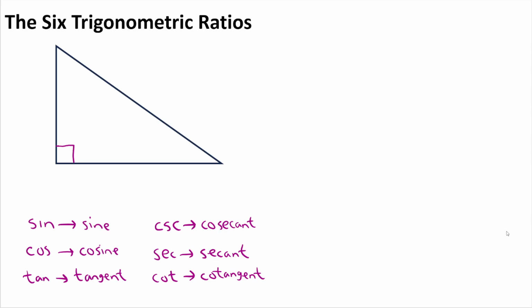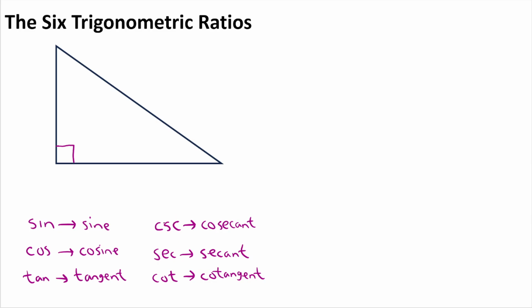First of all, when we look at the 6 trigonometric ratios, we want to acknowledge what those 6 essentially stand for. Right here, I brought down a list of 6 different terms. We're all familiar with the long way of writing it: sine, cosine, tangent, cosecant, secant, and cotangent.